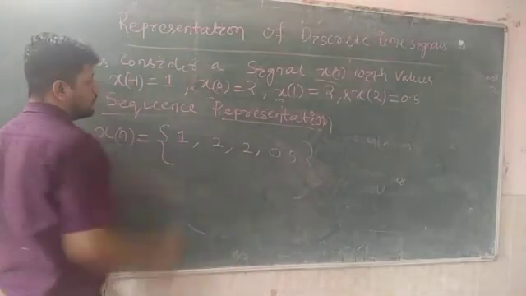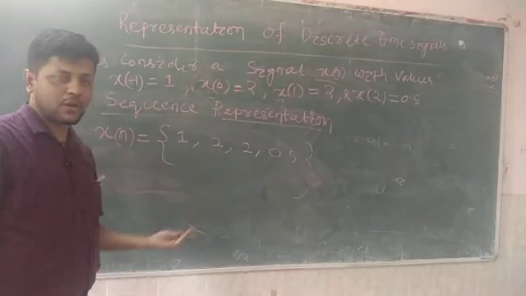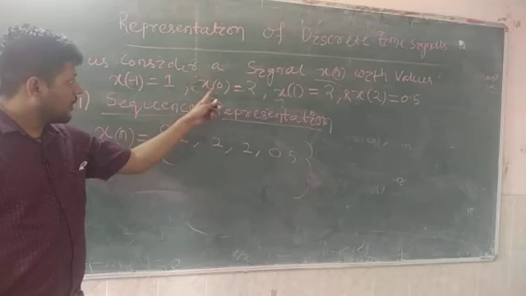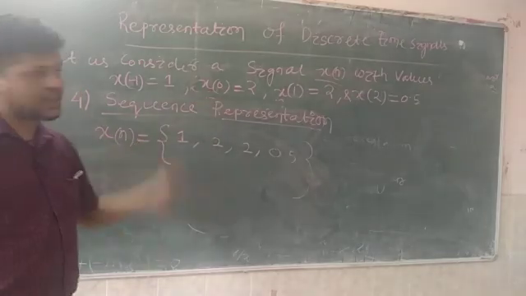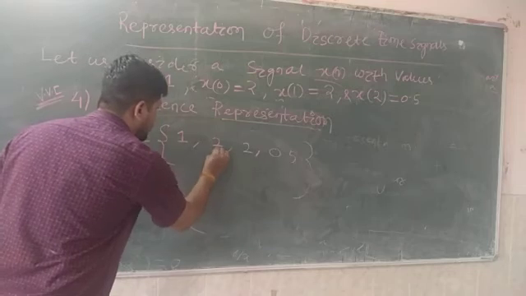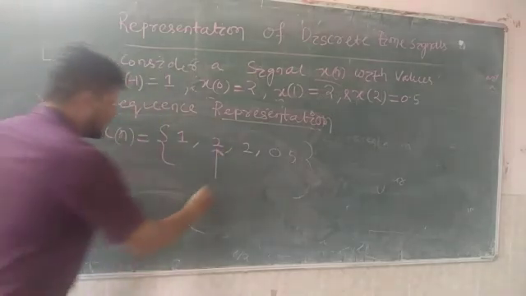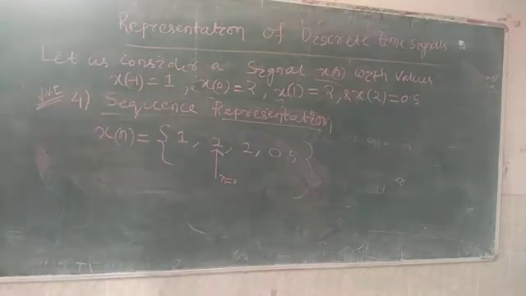Then for which value are we representing, how do we find it? First we have to see the origin. The origin is obviously 0. We have to mark that origin, and the origin is represented with an arrow mark, and we write here n is equal to 0.